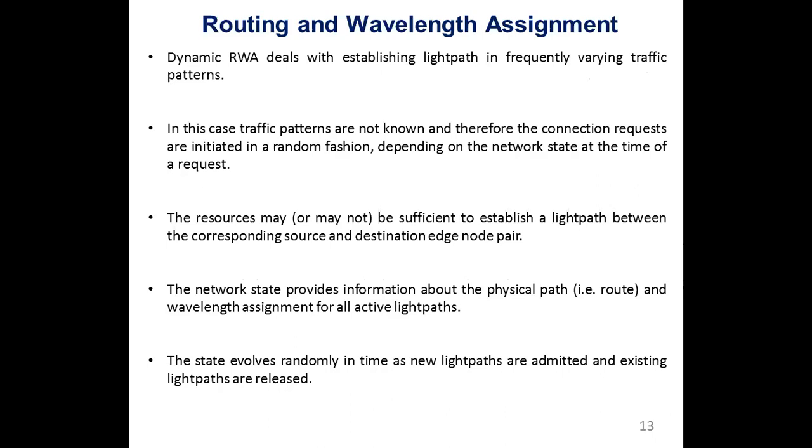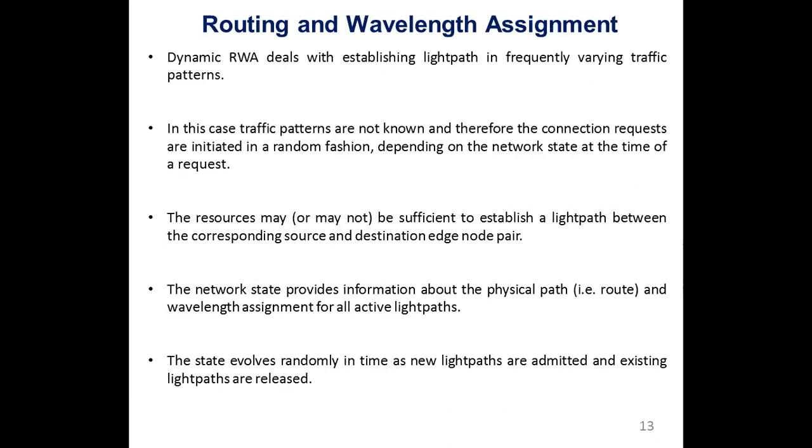It is more complex to have an RWA for this kind of network, because the bandwidth demands of the traffic are not known. So the network state will provide information about the physical path and wavelength assignment for all the active paths.